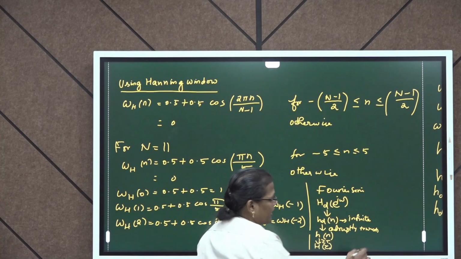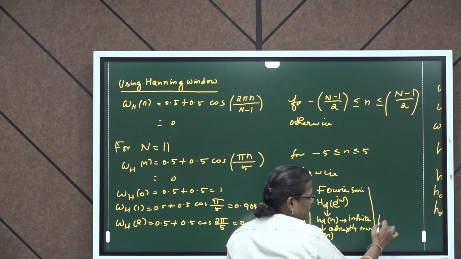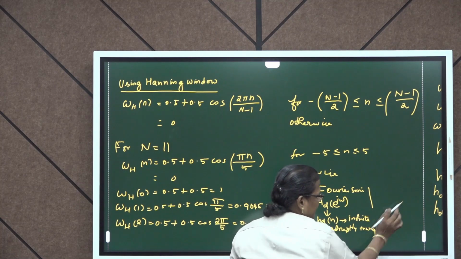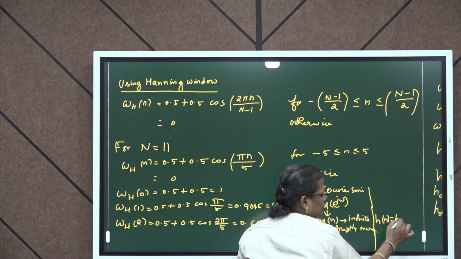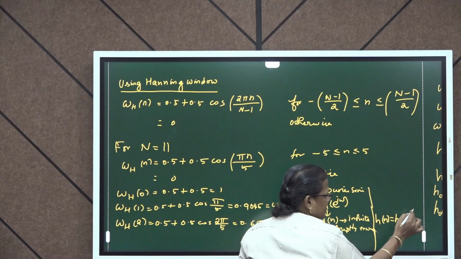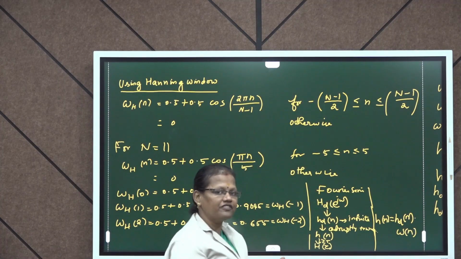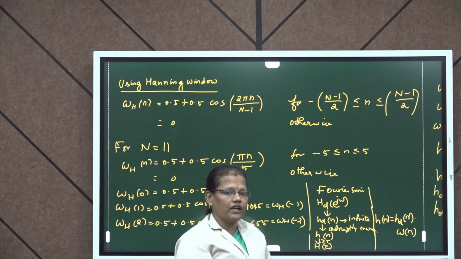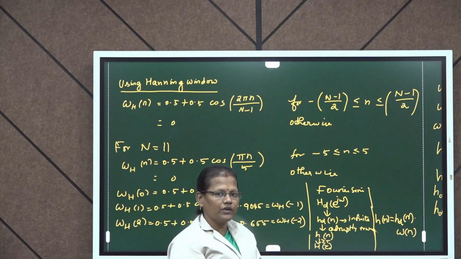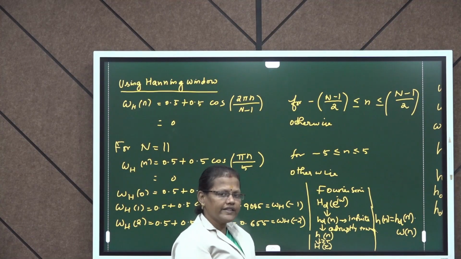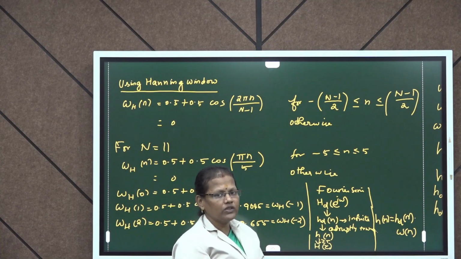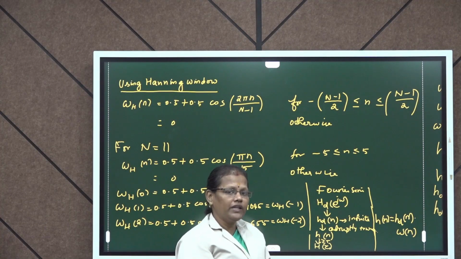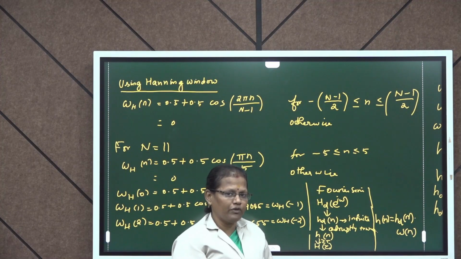We are going to multiply the hd(n) value, that is the infinite impulse response, with the window function w(n). We have different types of windows like rectangular window, Hamming window, Hanning window, Hanning window, triangular window, and Blackman-Tukey window. So many windows are there. Depending upon our application, you can take the type of window.